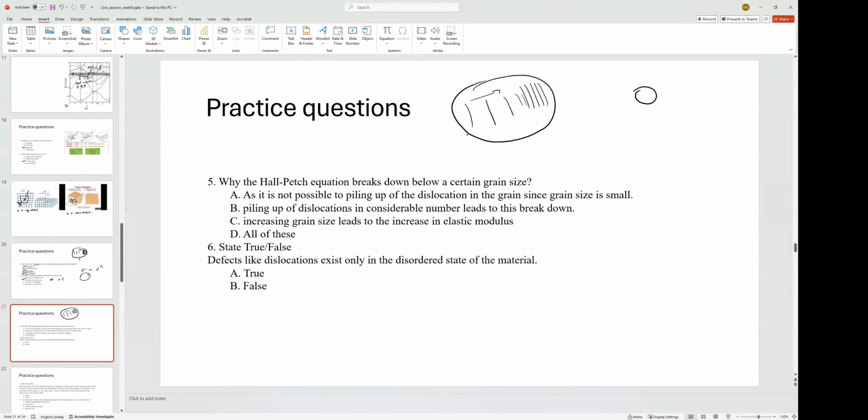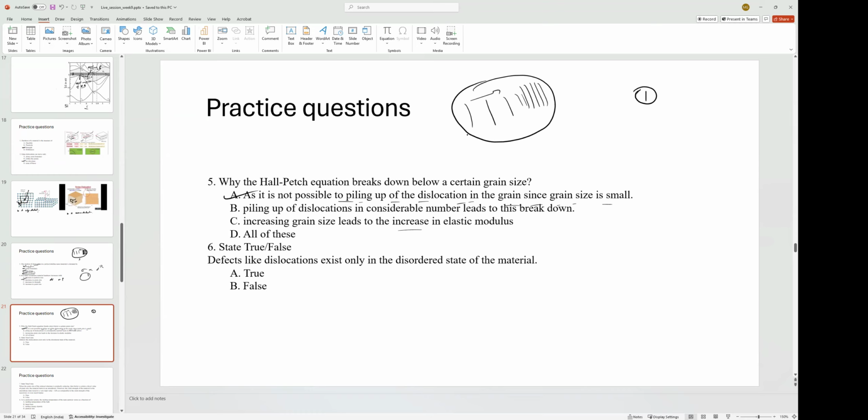However, if your grain is very small, only a single dislocation exists. So it is not possible for dislocations to pile up since the grain is very small. Right answer: piling up of a considerable number of dislocations, its absence leads to this breakdown. Now, pile up is the reason for the Hall-Petch equation.